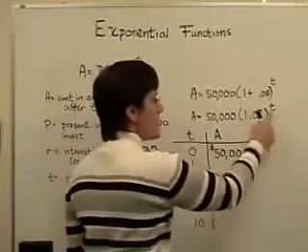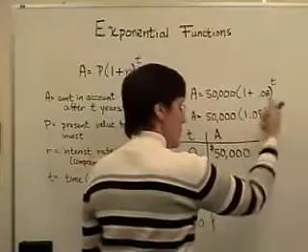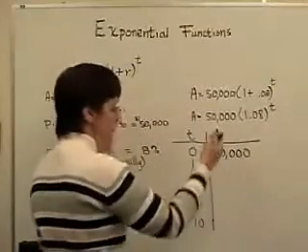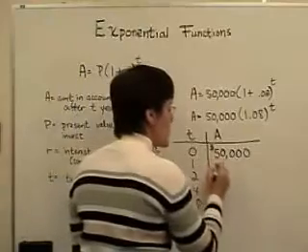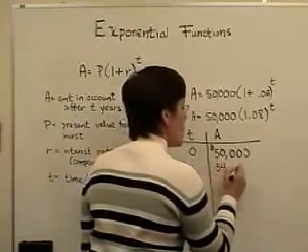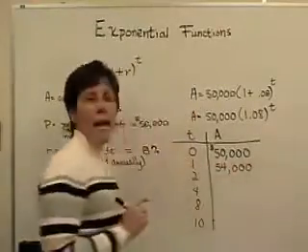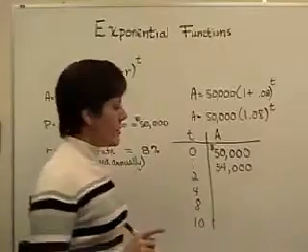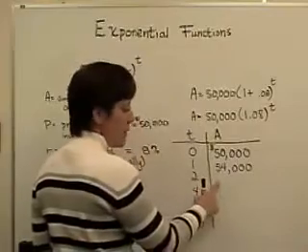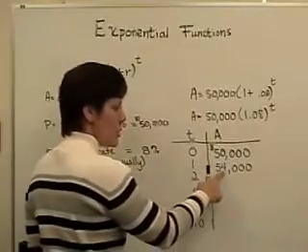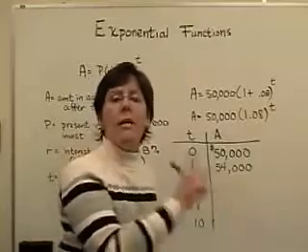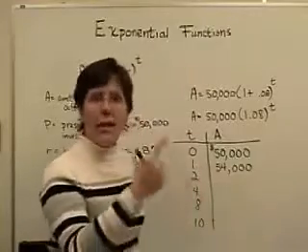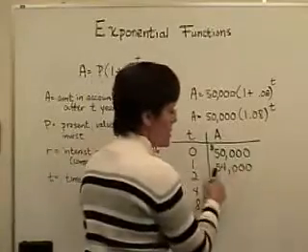Well, when I put 1 in for t, 1.08 to the first power is just 1.08, and when I multiply that by $50,000, I have $4,000 in interest added to that $50,000. So now I have $54,000 at year's end. Now, it doesn't mean that I'm going to have $58,000 after 2 years because I earned $4,000 in the first year. Now, because I'm going to earn interest on that interest, I'm going to earn interest on this whole amount.